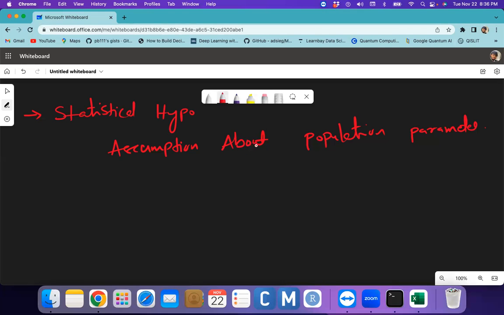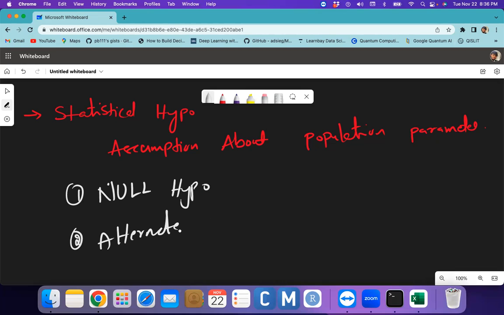Clear, right? So there are two types of statistical hypotheses. The first one is the null hypothesis, and the second one is the alternative hypothesis.